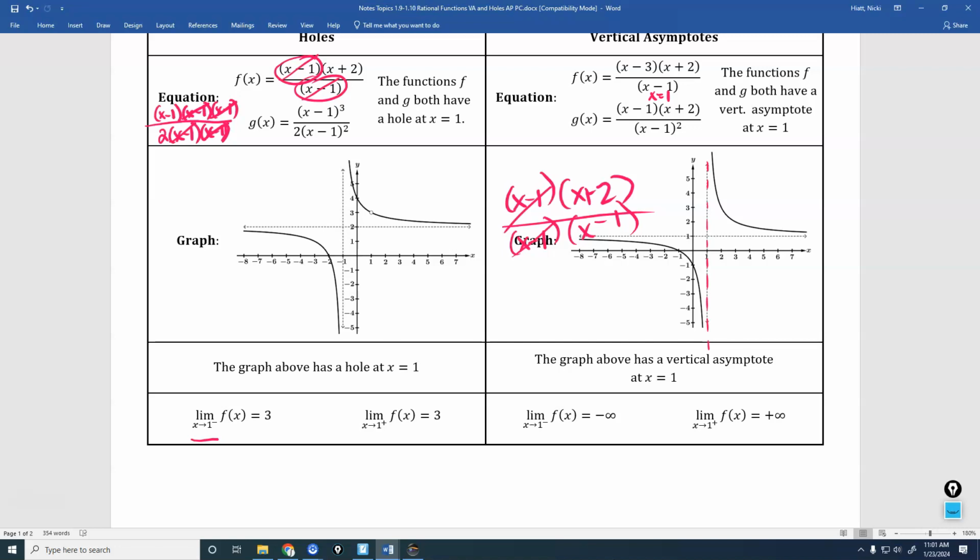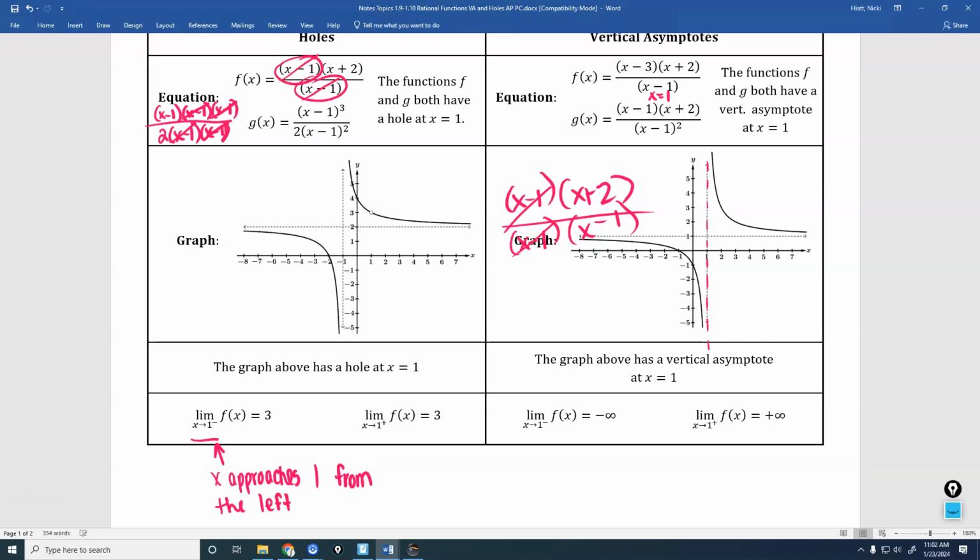I hate this. It's like I need to teach you about limits before I teach you this. But, all right, this one says limit as x approaches 1, and it's got a minus sign behind the 1. We don't ever put minus signs behind the 1, right? So what this means right here is x approaches 1 from the left.